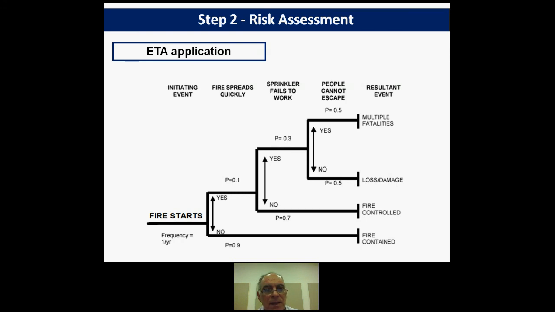Looking at the frequency of the initiating event, then the probability or the frequency of the intermediate events, which will either give us a favorable scenario, or they will give us the least desired scenario, in this case a multiple fatality scenario.